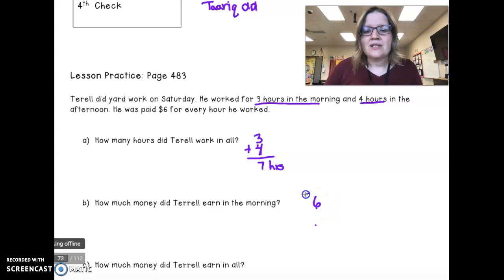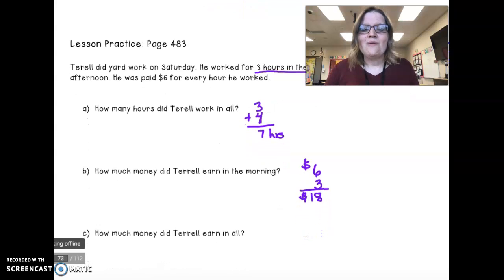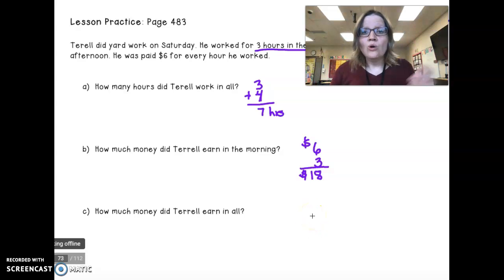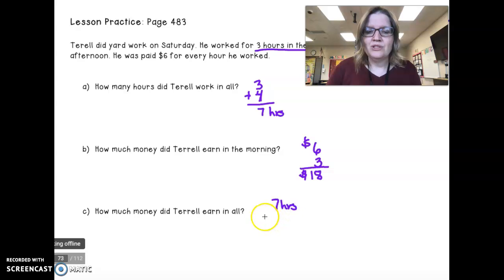If he's making $6 an hour and he worked 3 hours in the morning, that would be $18. Not too shabby. How much money did Terrell earn for the whole day? Well, we already know that he's worked 7 hours for the whole day. So we say 7 hours multiplied by $6 an hour, and that gives us $42 total.